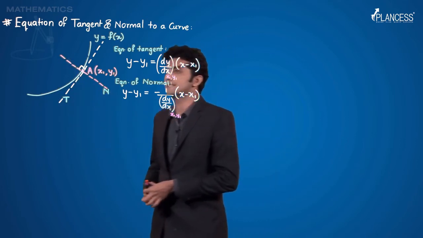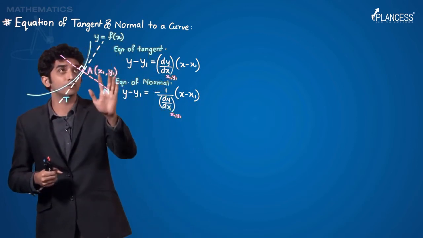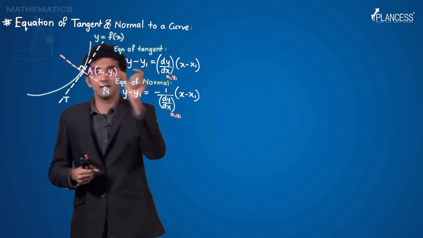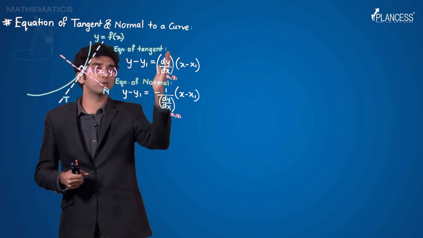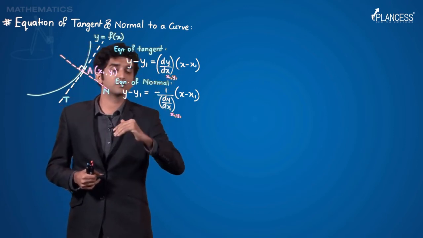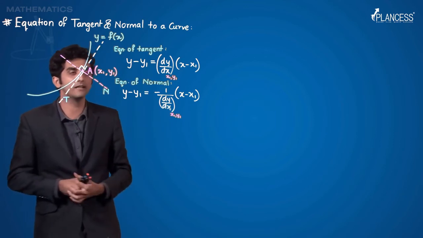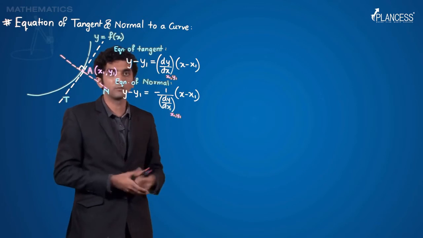So x1 comma y1 will satisfy all the three things. It will satisfy the equation of the curve y equal to f of x. It will satisfy the equation of the tangent y minus y1 equal to dy by dx subscript x1 y1 into x minus x1. That's quite natural, you can see that evidently. And this will satisfy the equation of the normal as well.